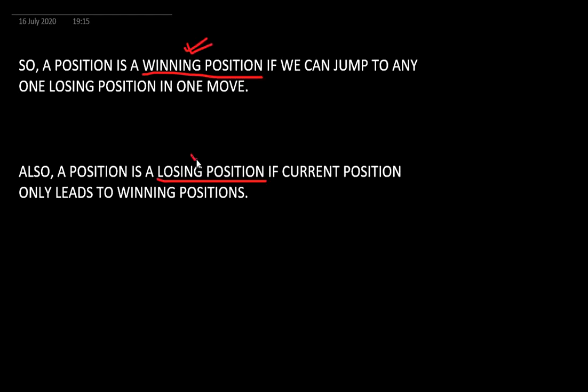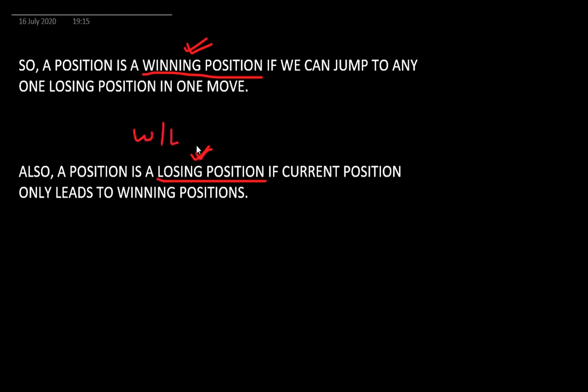And if it's a losing position, it means that the player who is going to start his move from that index will surely lose the game, no matter which move he chooses or which jump size he takes forward. We'll have to categorize each one of them as a W for winning and L for losing.